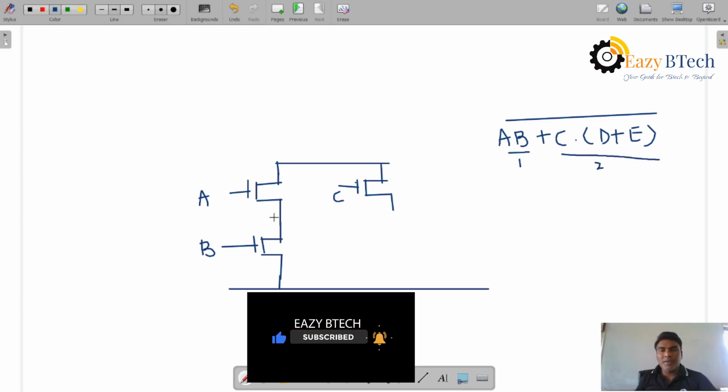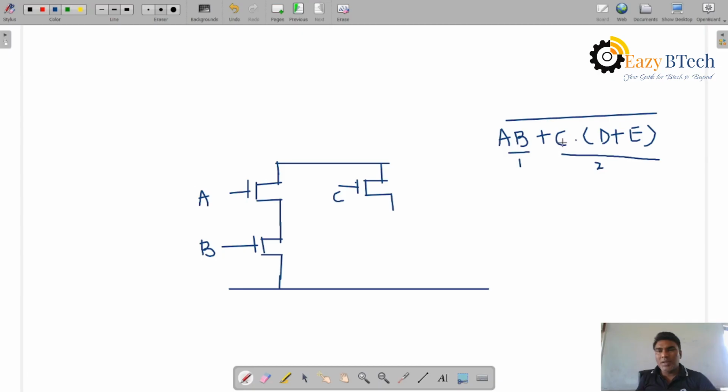The first is AB in series. The second term, C, is AND with D plus E. D and E are parallel, and it is in series with C and parallel with AB. This is the logic.